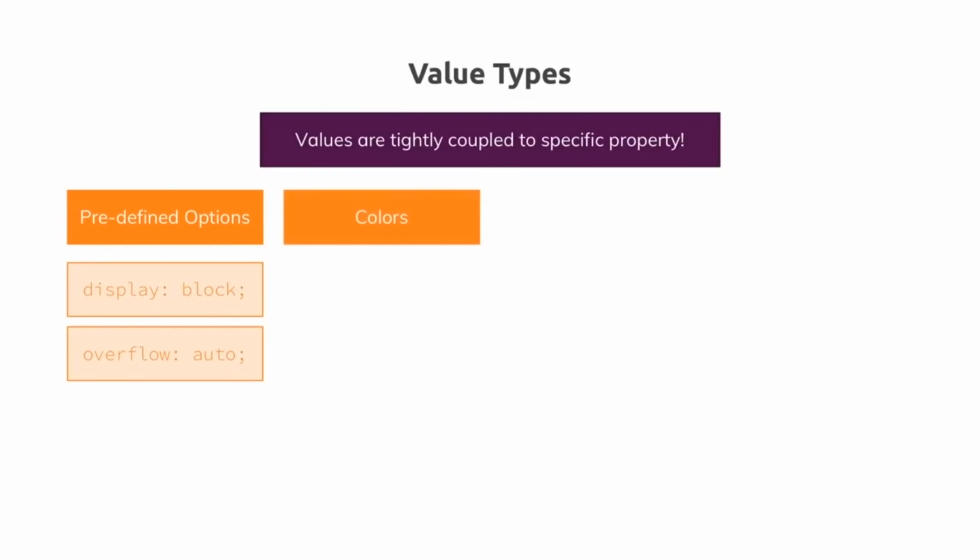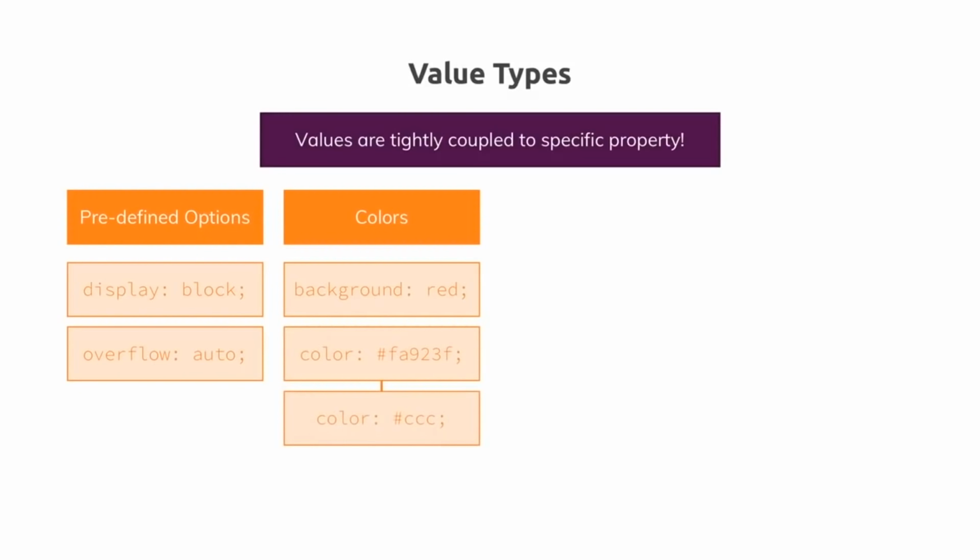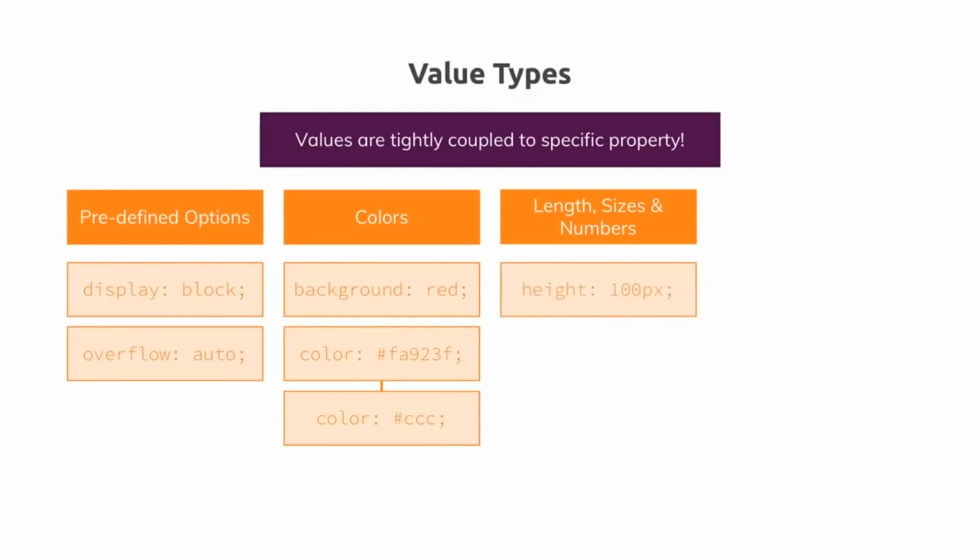Then you have colors. They work with red, a hex code, or a shorter version of the hex code, and also some special color functions. Something we'll also dive in later. Then we got length, sizes, and numbers, something like pixels or percentages or just integers. Again, all these properties, we'll see them a couple of times throughout the entire course.